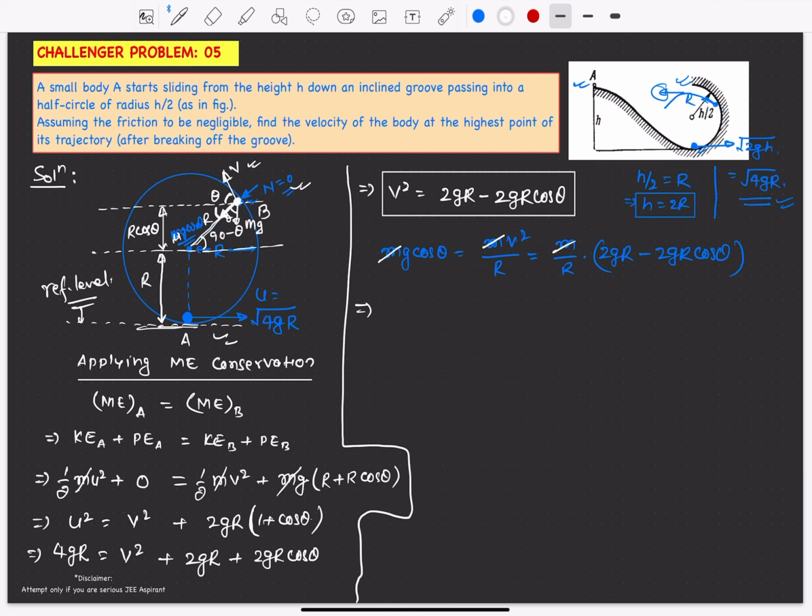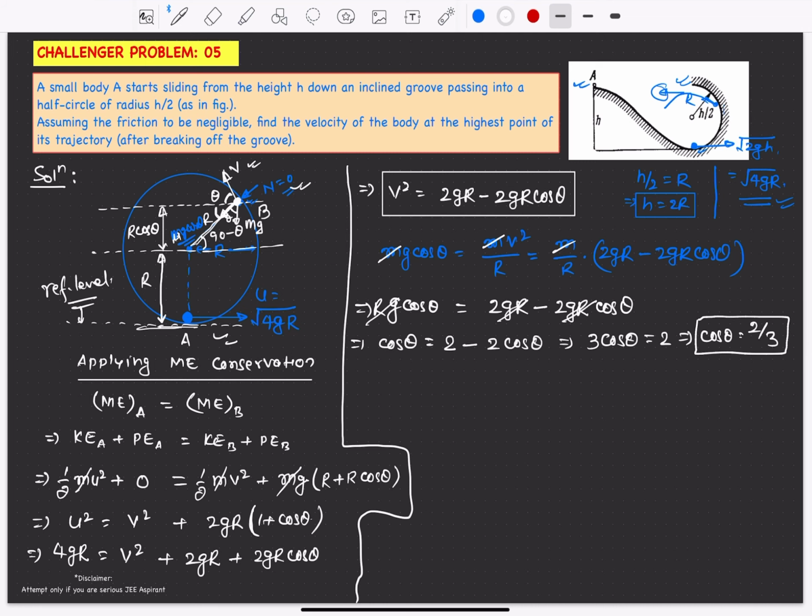Now it can be written as g cos theta equals... just multiply by r: rg cos theta equals 2gr minus 2gr cos theta. rg, gr cancel out. It comes out to be cos theta equals 2 minus 2 cos theta. From here we can write 3 cos theta equals 2, and cos theta equals 2 by 3.